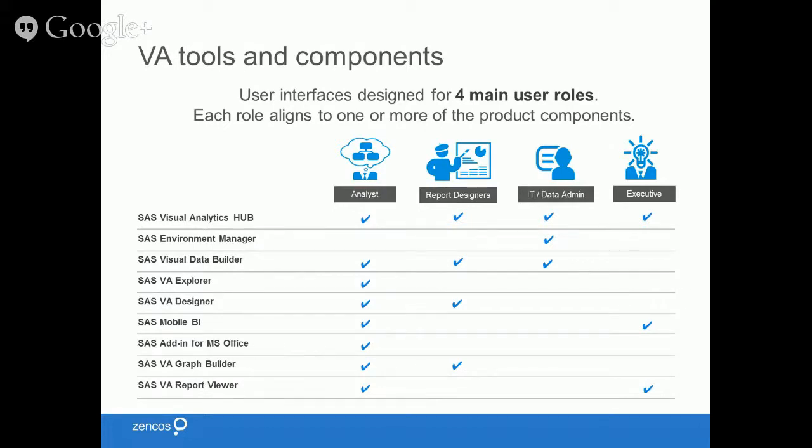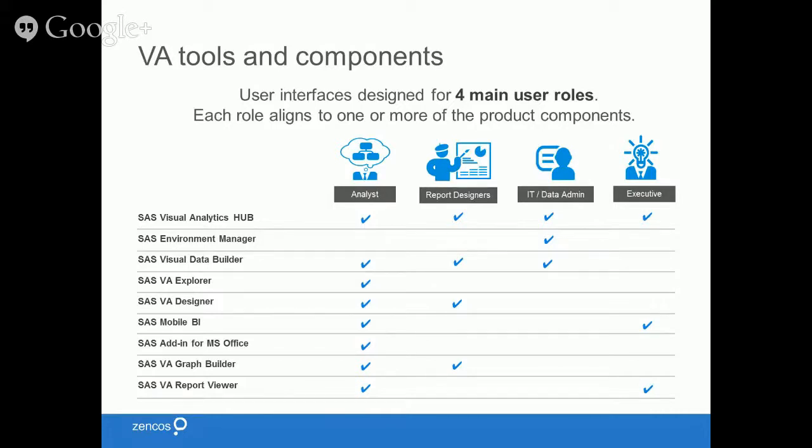In this example where we've got our roles defined, there are four primary roles, I believe, when it comes to dealing with visual analytics. You have an analyst, you have report designers, you have IT and data administrators, and then you have executives or standard report consumers. Each one of the tools going down the left-hand side has alignment into one or many of these various roles.